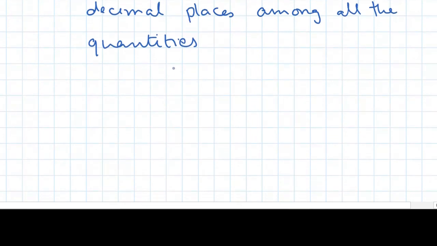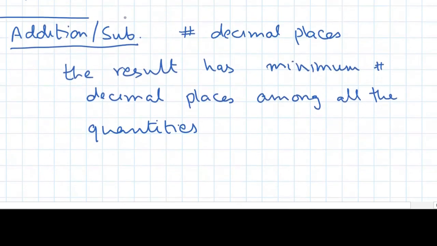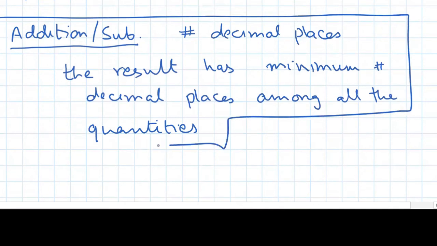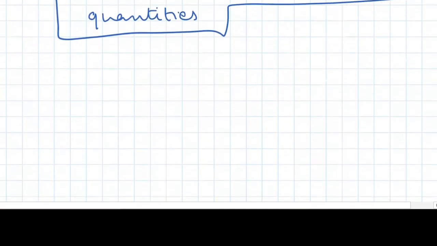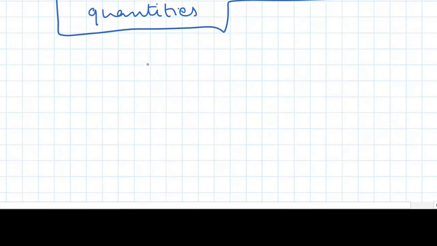This is the other rule. So if I'm adding, say, 2.73 and 1.6, then the result will only have 1 decimal place because of this.